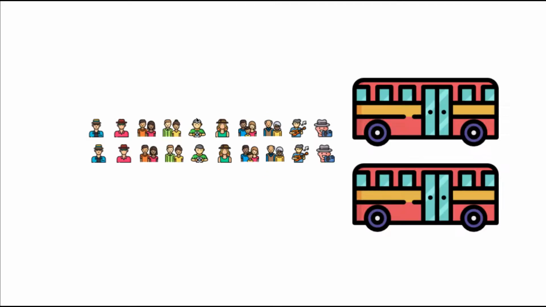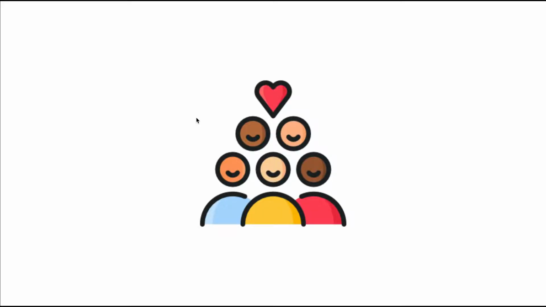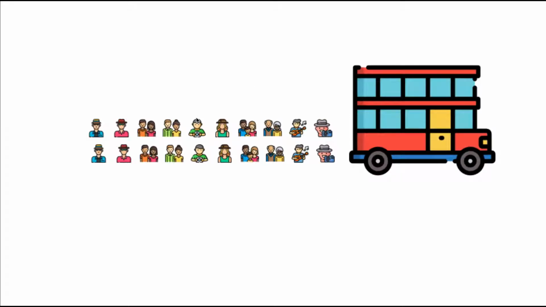You have a few options. The first option would be, you know what, I can get two buses, so you can carry a maximum number of people at a time and go for sightseeing. All good, that will make your customers happy. Instead of buying two buses and two drivers, you can choose another option.